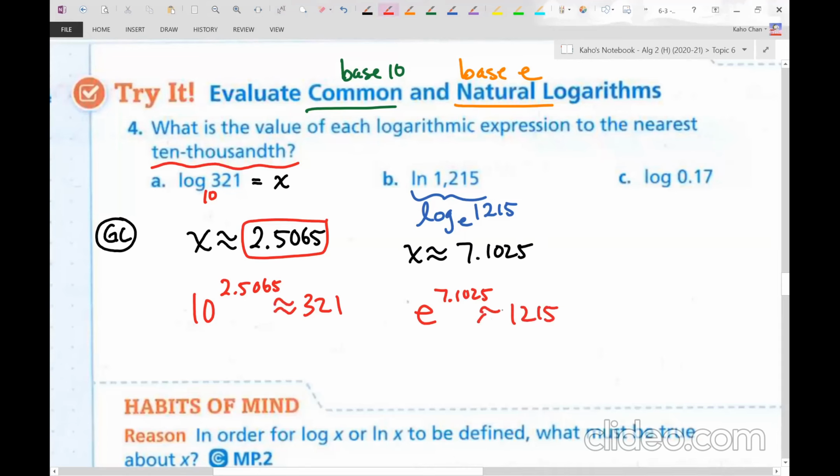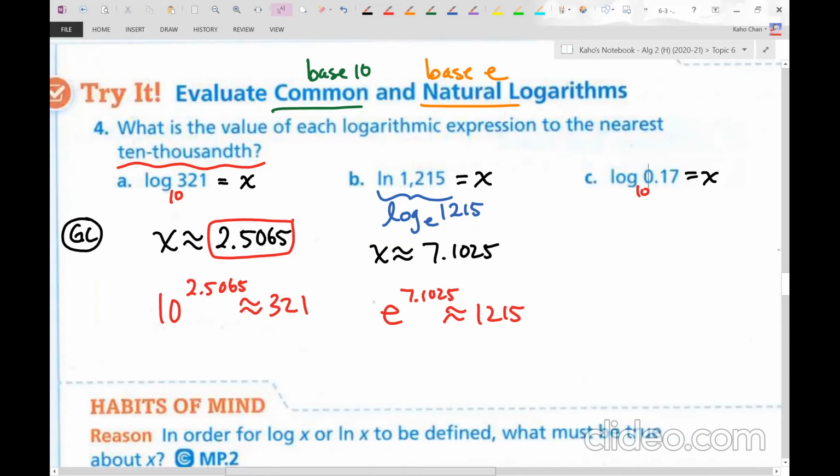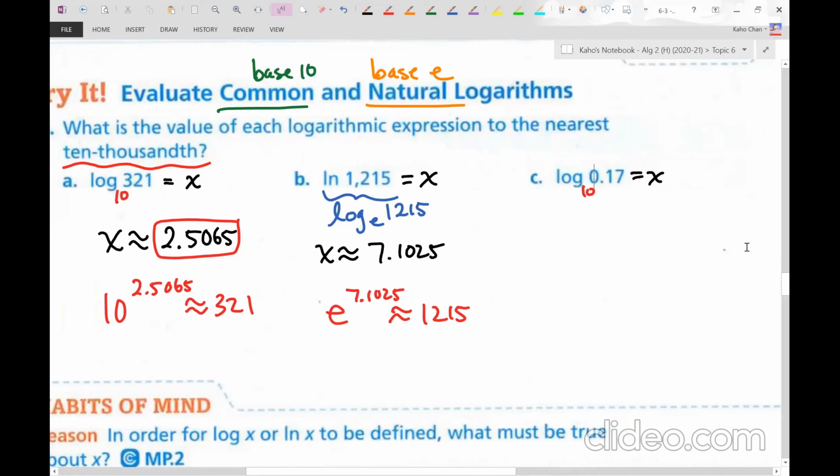There we go. And the next one, log 0.17. This is base 10, of course. And we're just trying to find out 10 to what power equals 0.17. Now think about that. That's going to be a small number, isn't it? Smaller than 1. If it was 1, it'd be 10, right? So that's a good guesstimation there.